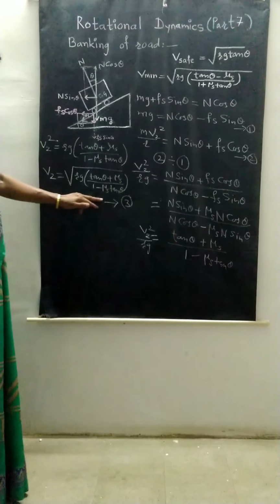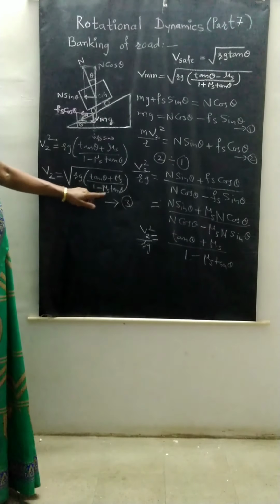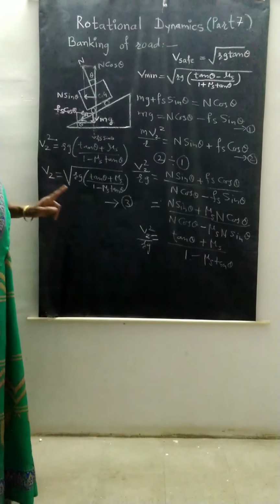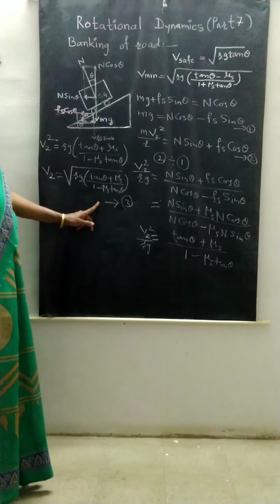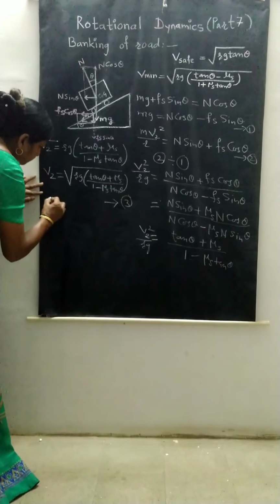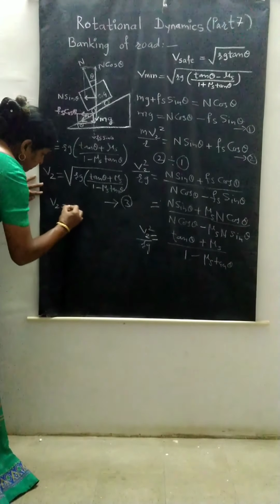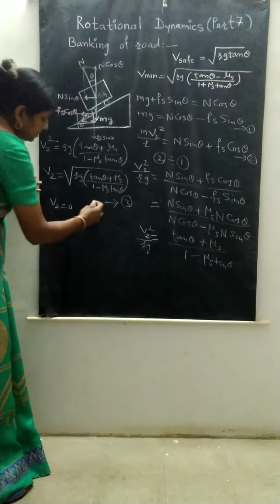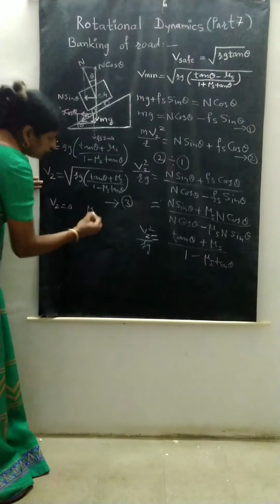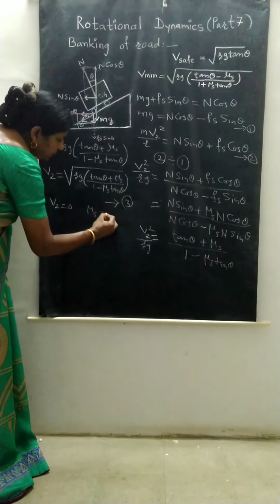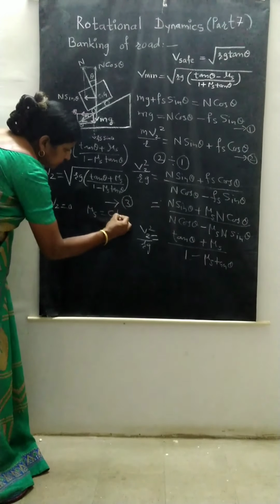Here, if we make this mu s into tan theta equal to 1, then the denominator becomes 0. Hence, V2 is equal to infinity. This will happen when mu s is equal to cot theta.